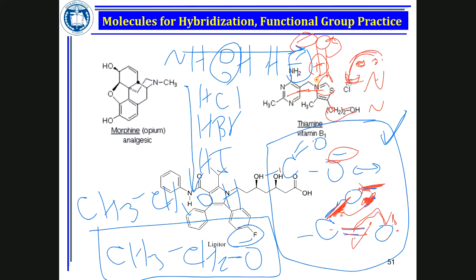If you had a positive charge here separated from a double bond by a single bond, this means it's conjugated. So if your negative or positive charge is separated from a double bond by a single bond, this means it's conjugated. So you have to have a conjugated system in order to form the resonance.